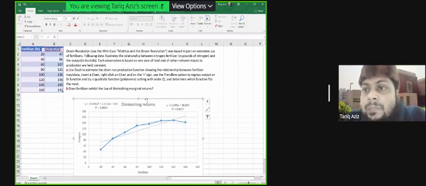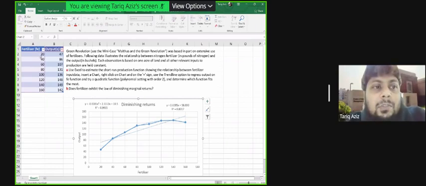So most of the economists analyzed the behavior of input and output in the context of farming and agriculture. The green revolution was based in part on extensive use of fertilizers. The following data illustrates the relationship between output and nitrogen fertilizer in pounds of nitrogen.